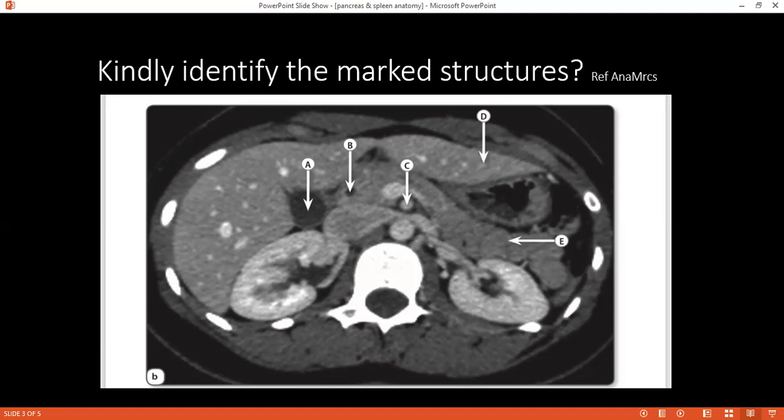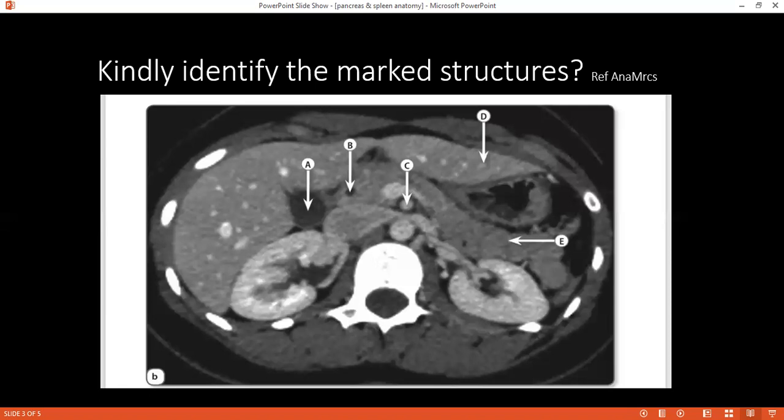This inferior pancreaticoduodenal artery is a branch of which vessel? Inferior pancreaticoduodenal from the superior mesenteric artery.